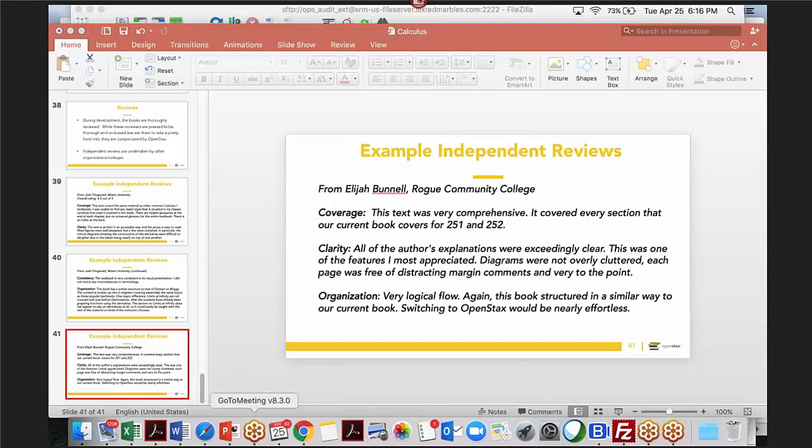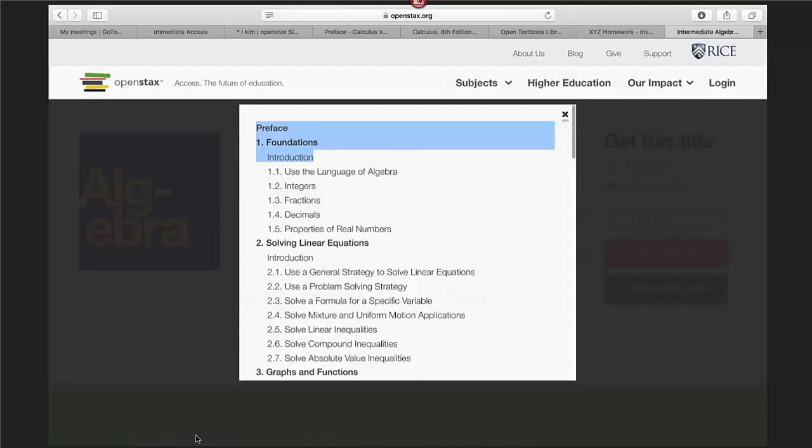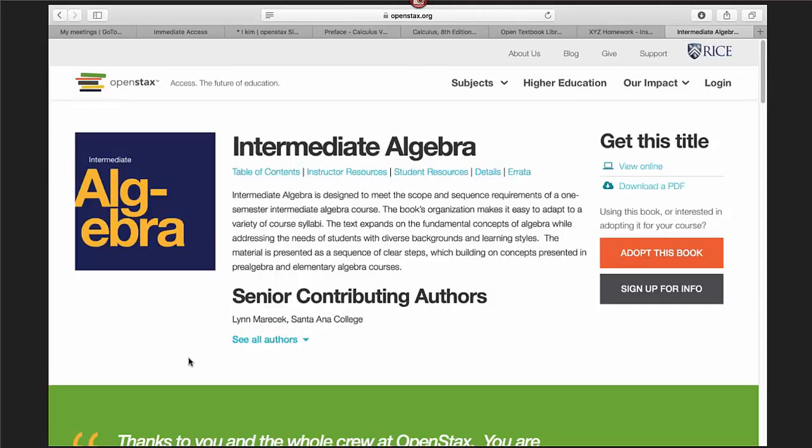Is that something we don't have yet, or is it just missing? And is that the only intermediate algebra textbook available, or are there more? No, we only have one. Generally we only publish one book per course. So the one that you're seeing is the one.